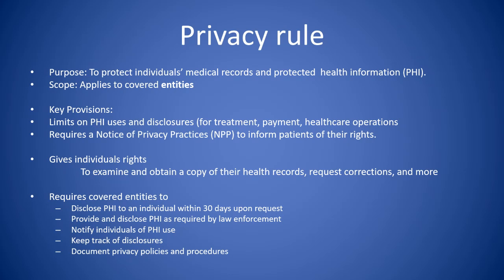The key provisions are that the privacy rule limits PHI uses and disclosures for treatment, payment, healthcare operations. It also requires that a notice of privacy practices be sent to the patient to inform the patient of their rights.